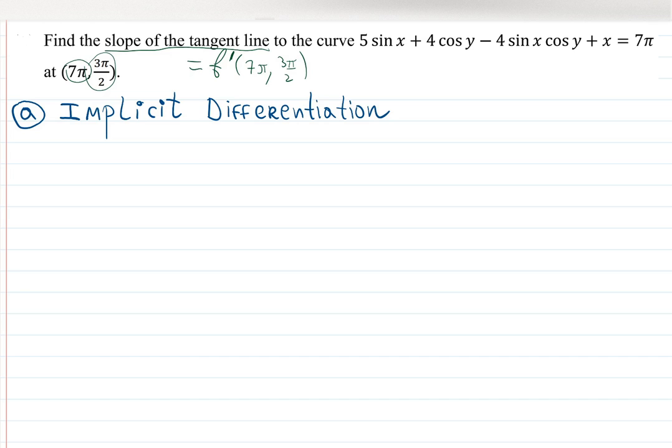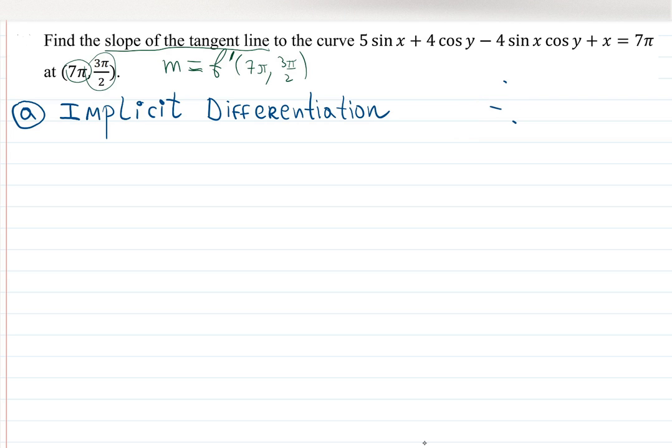That's our slope. Well, sounds easy, but we'll see how challenging this problem will be because the very first step requires implicit differentiation. How do I know? Can I find y explicitly so that we can find y prime right away? Not really.